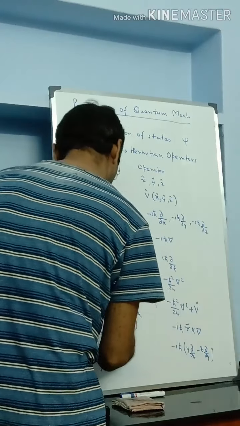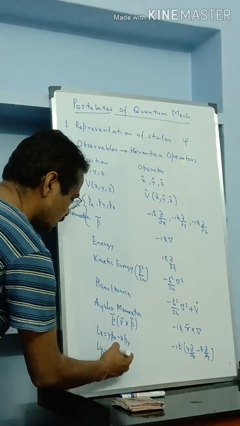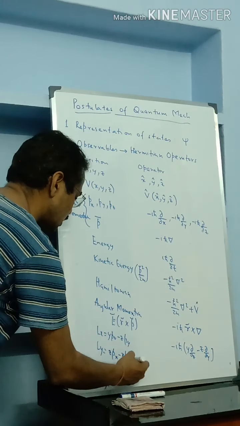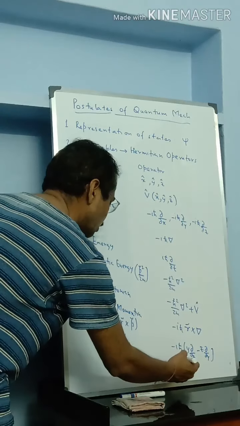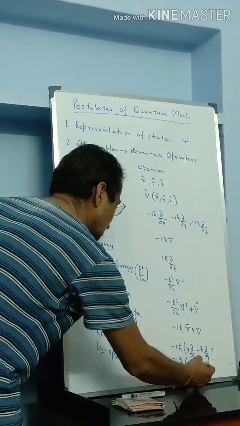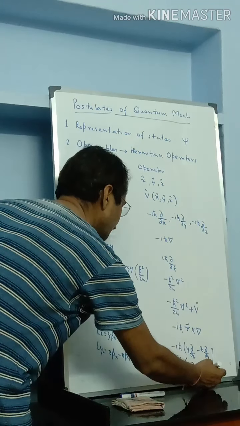In the same fashion, the other components can also be written: Ly, which is z px minus x pz, is equal to minus i h cross (z del/del x minus x del/del z).